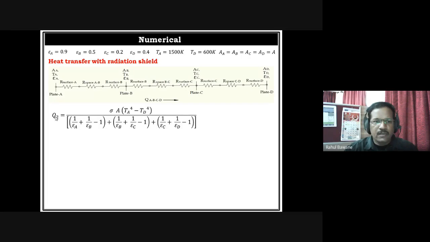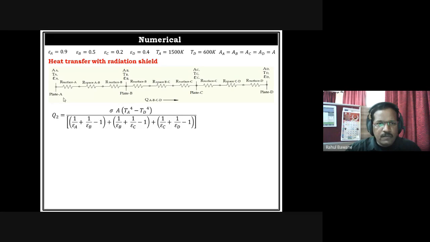So our equation becomes, rate of heat transfer in the second case, sigma, area, because area remains common, temperature raised to the power 4. Now what is the resistance? On simplifying, we always get 1 upon emissivity of first plate plus 1 upon emissivity of second plate minus 1.